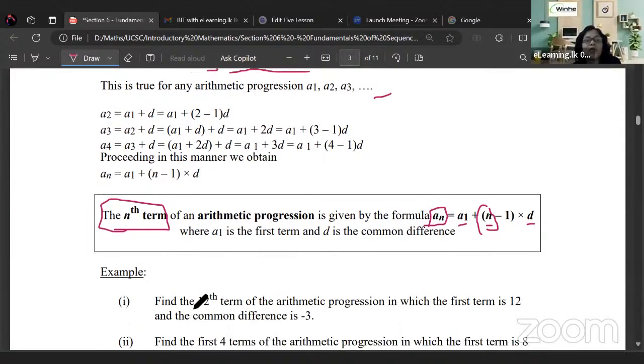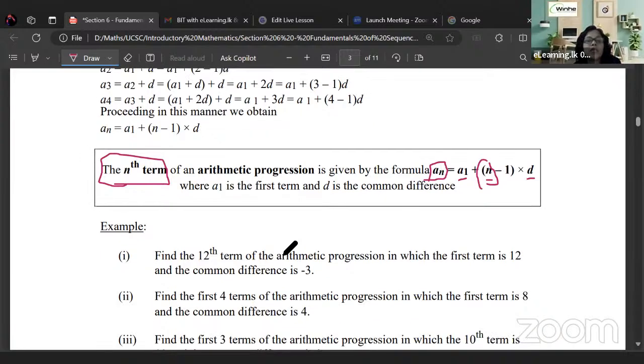Right. How do you find the 12th term of an arithmetic progression? It says the first term is 12, common difference is minus 3. How do you find it? They ask you to find the 12th term. You know the first term is 12. N is now 12. 12 minus 1 is 11. The common difference is minus 3.